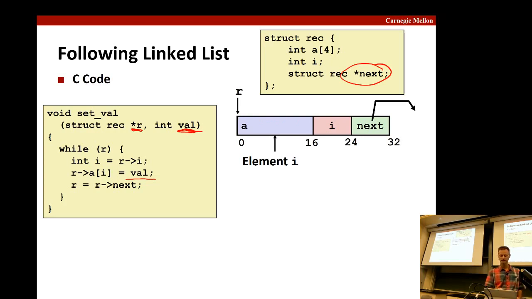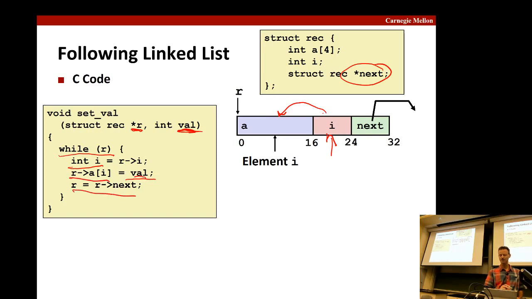While the pointer that we're passing is not null, we want to set I to be whatever is in here, copy that, and then whatever item it is, between 0, 1, 2, and 3, we want to reference that item in the array and set the val for just that particular item.